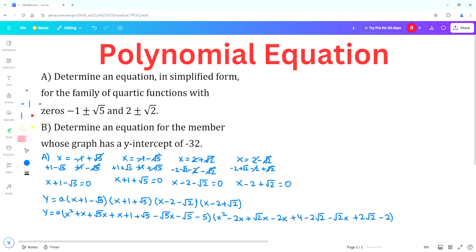Next, we can combine like terms in the parentheses. In the first parentheses, we can cancel out square root of 5x and negative square root of 5x, square root of 5 and negative square root of 5. Now we can write the leftover terms.